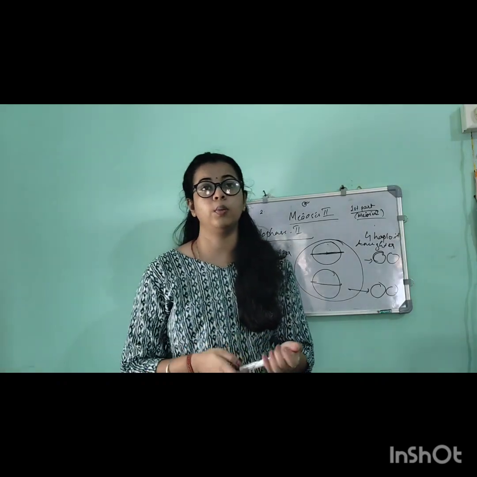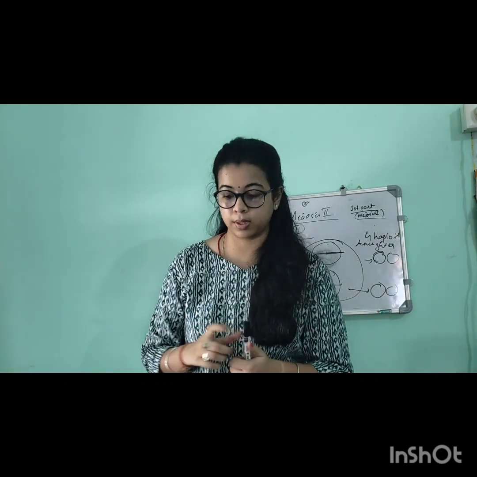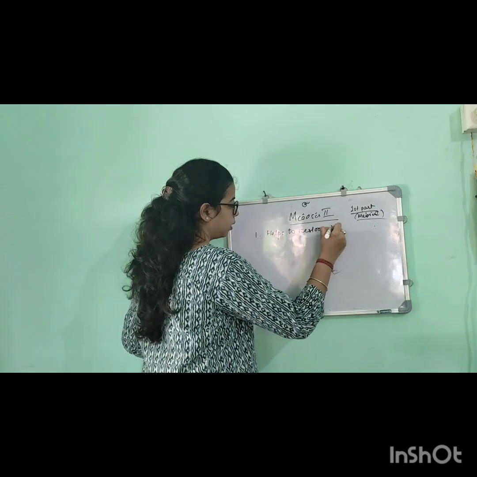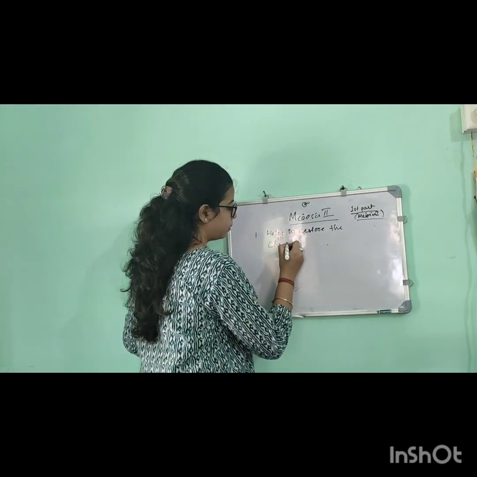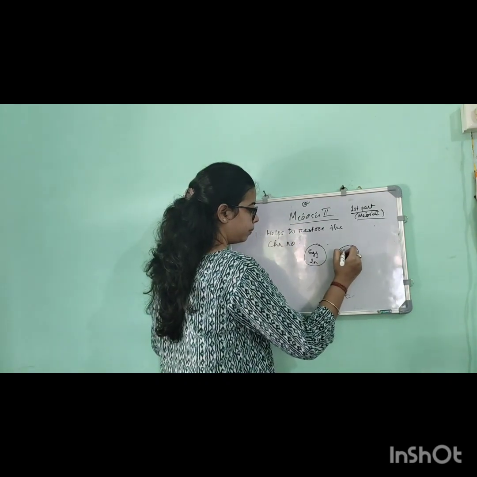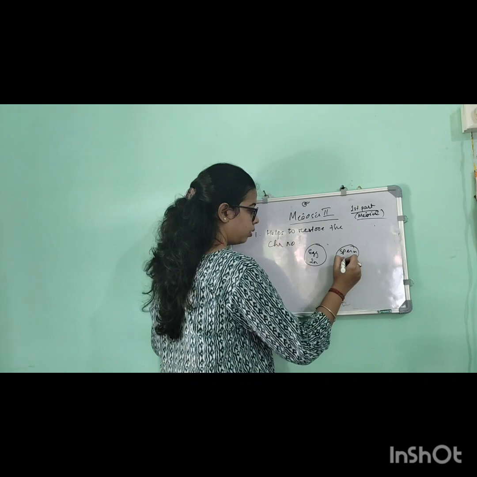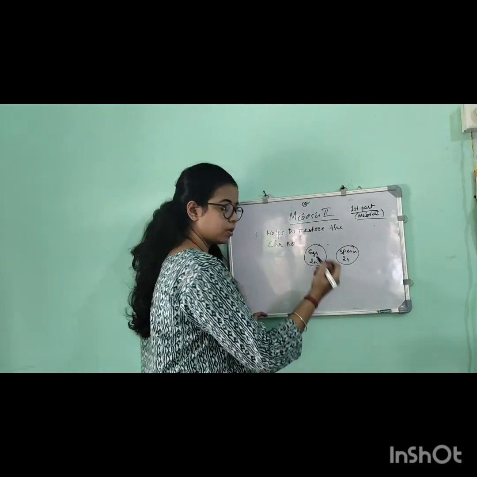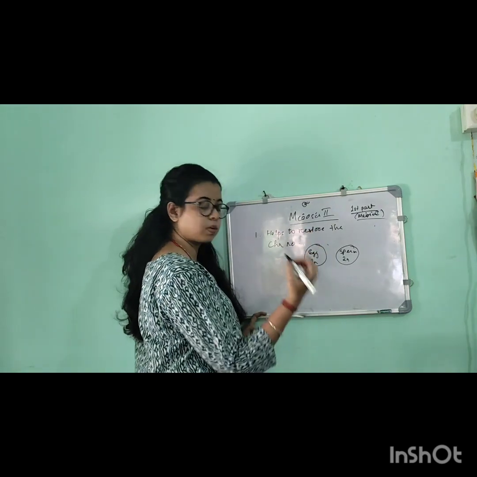Now we will understand what is the significance of meiosis. It helps to restore the chromosome number. First part, 2n sperm, 2n egg. Then the gametes undergo the meiosis process, mitosis also, meiosis also.